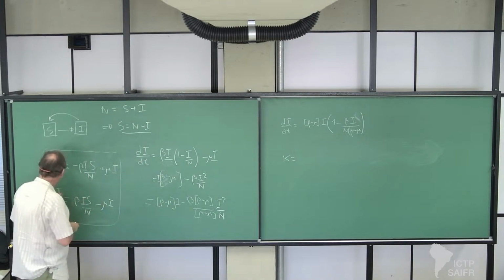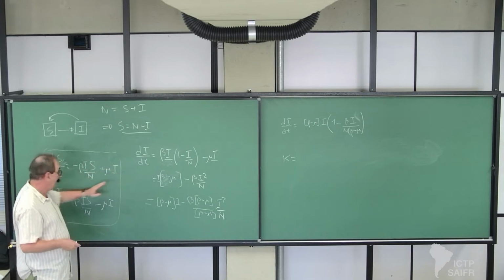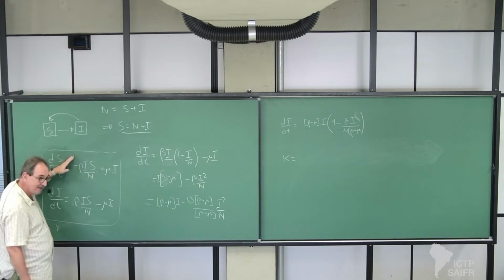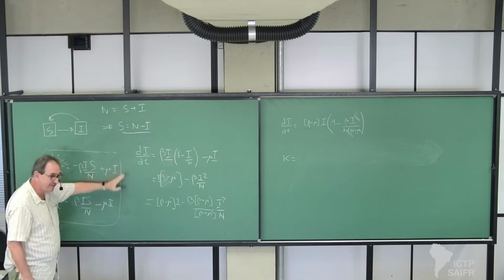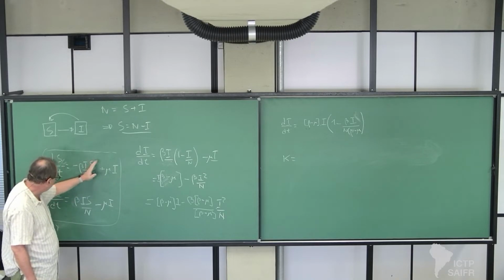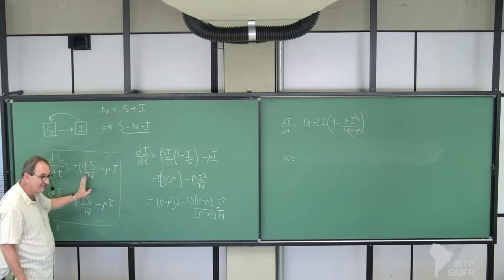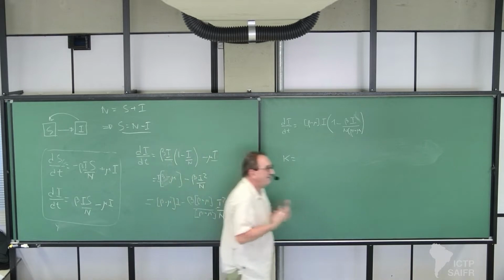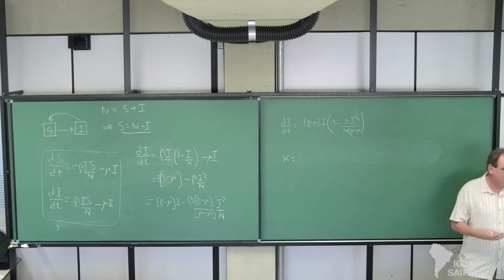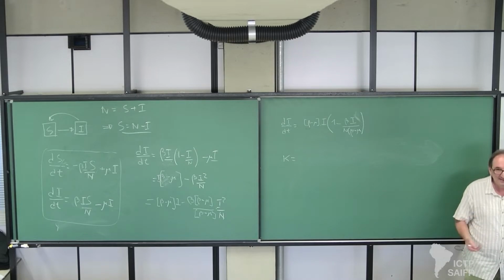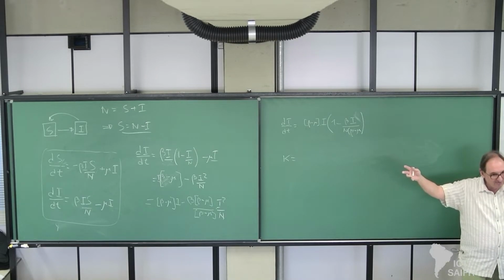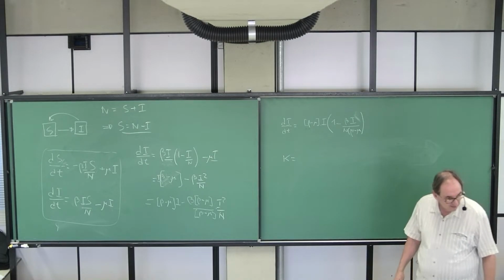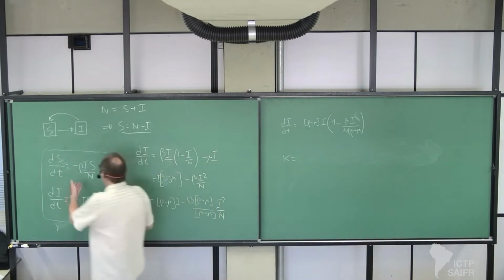Frequency dependence means that if I divide both sides by n, I get an equation for the frequency of susceptibles in the total population, S over n, and I over n is also the frequency. So it's only frequencies, which means you have a dynamics for the proportion of people that are susceptible and infected, not depending on how large your population is.